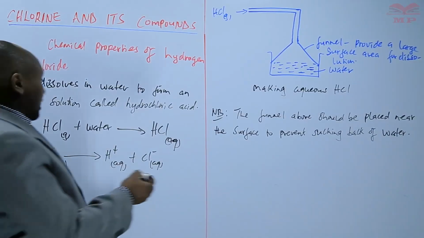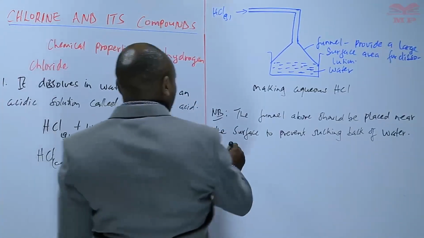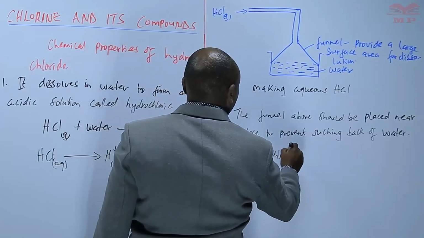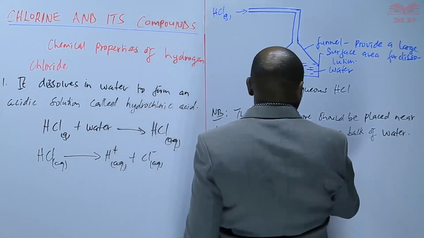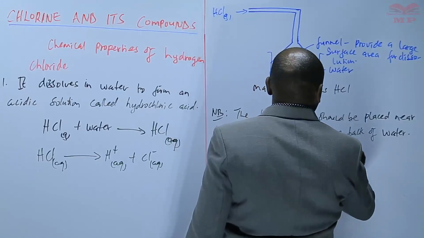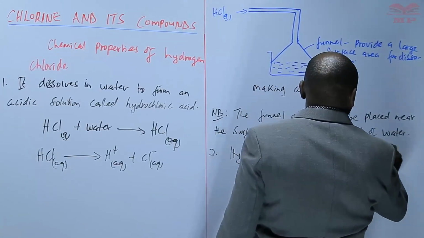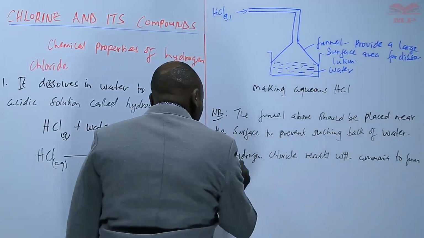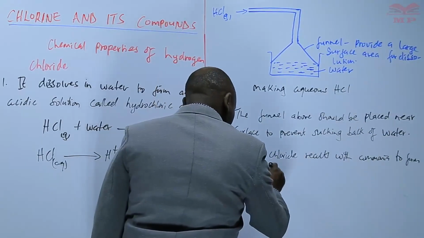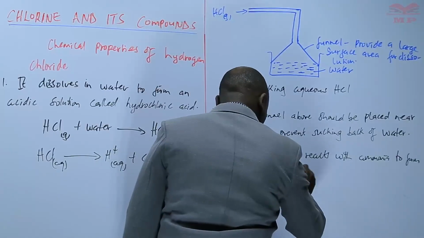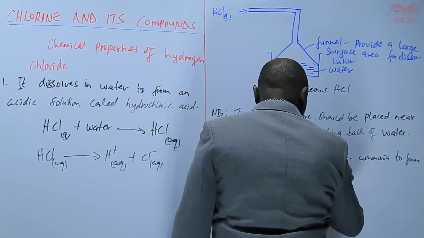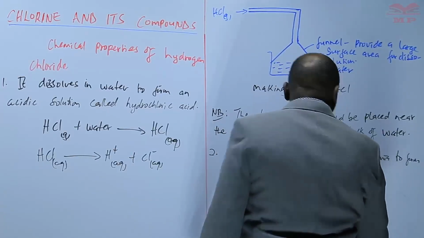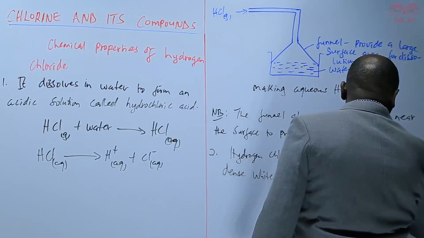So basically that is how the hydrogen chloride dissolves in water to form an acidic solution called hydrochloric acid. Number two is that hydrogen chloride reacts with ammonia to form dense white fumes of ammonium chloride.